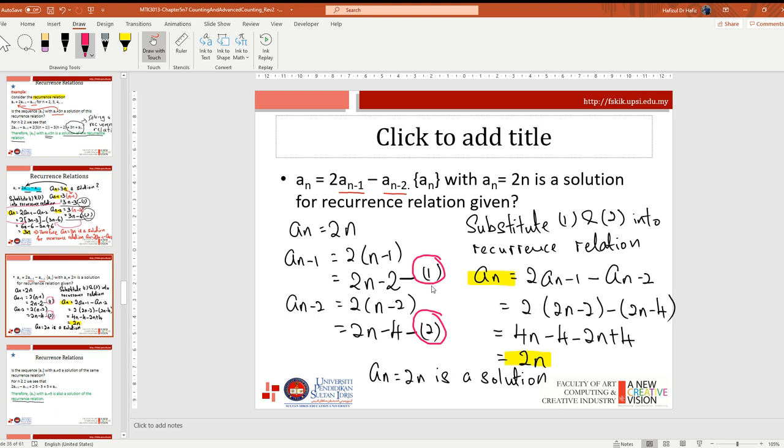Yang ni kita gantikan dia dengan minus 2n minus 4. So we have 4n minus 4 minus 2n plus 4. So negative and positive we have 0. So a_n is equivalent to 2n is, we call it a solution, or we can call it solving a recurrence relation.